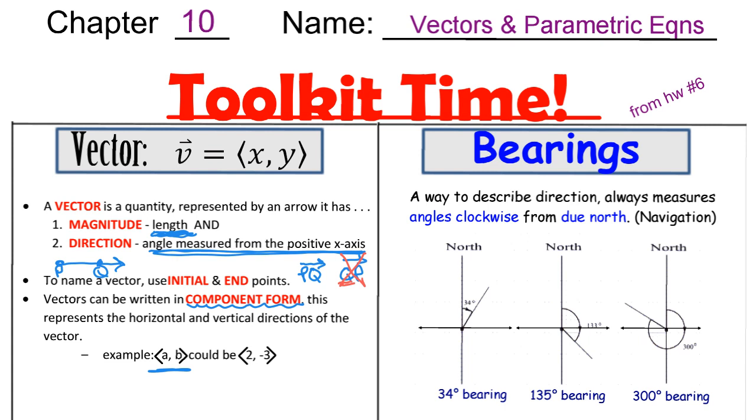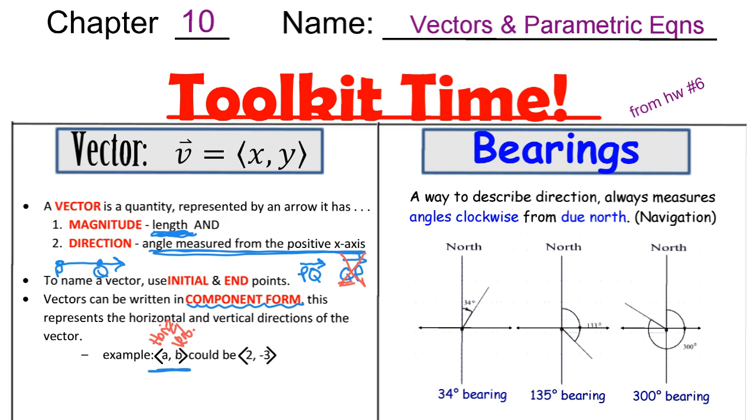And so it talks about the horizontal and vertical components. So A is going to be your horizontal, and B is going to be your vertical. Okay, and again, we will do some examples that will help in a minute.